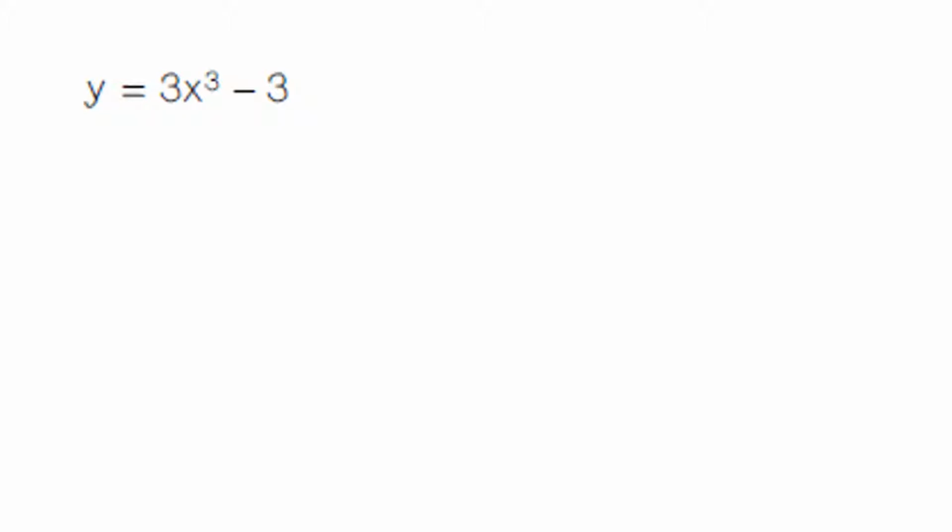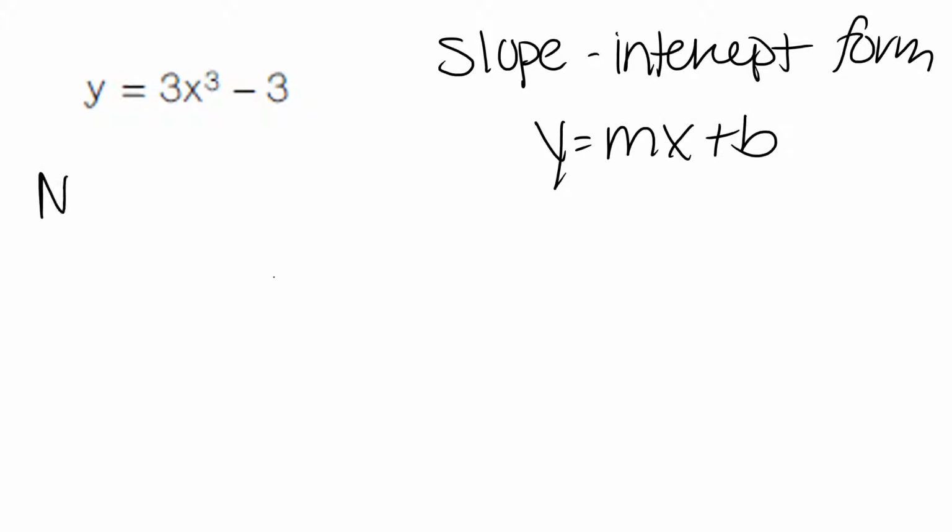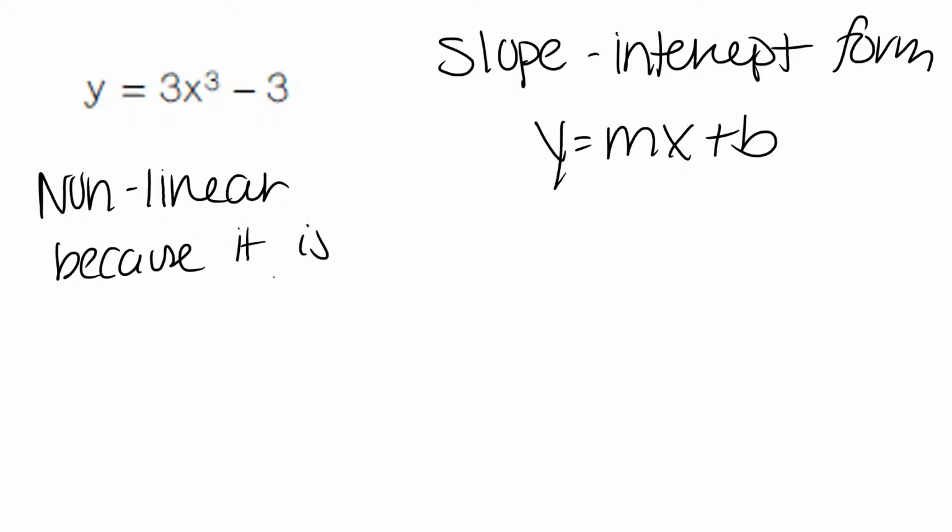For equations, we need the equation to be in slope-intercept form. Meaning it has to be in the y equals mx plus b form. This is non-linear because it is not in slope-intercept form.